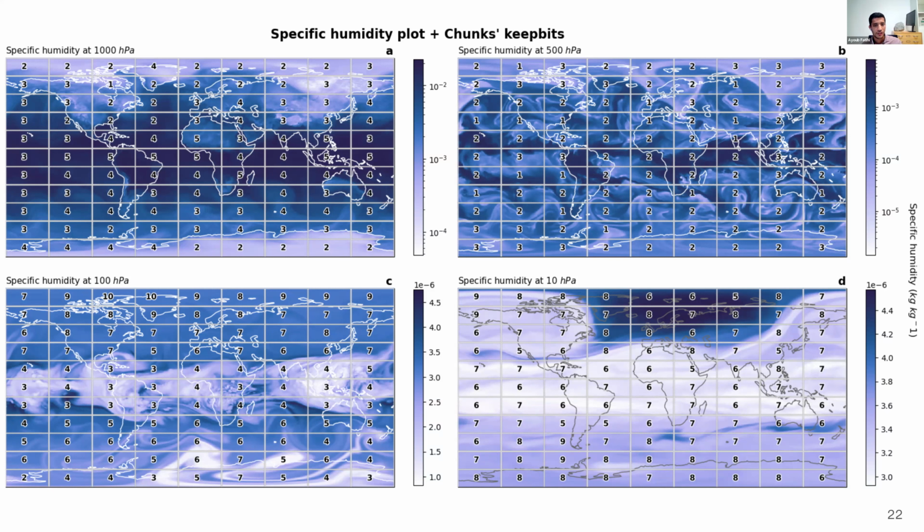In subplot B at 500 hectopascal, we start seeing the turbulence of the atmosphere all around the globe. In subplot C at 100 hectopascal, some turbulence, but mostly near the equator only. And finally, in subplot D, the highest level, there is just a small portion near the Arctic that is different.